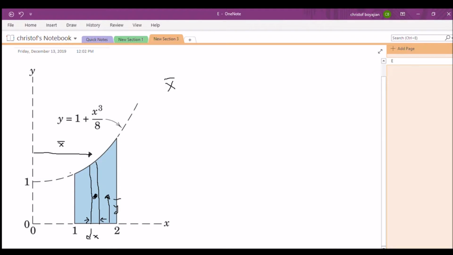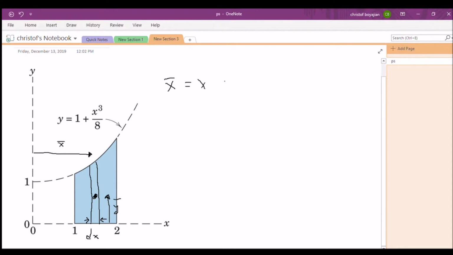So we go a certain distance x, and we're right smack in the centroid of this cross section. So x bar is just going to be x.